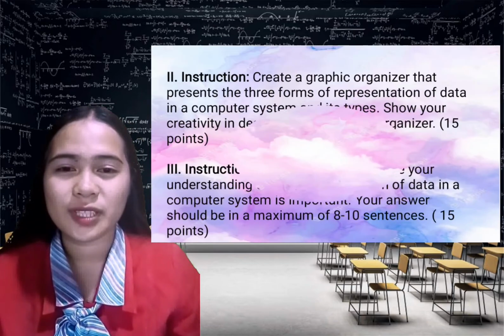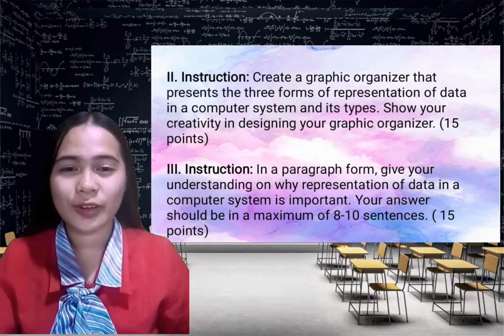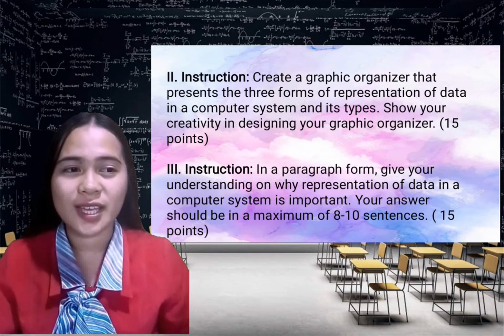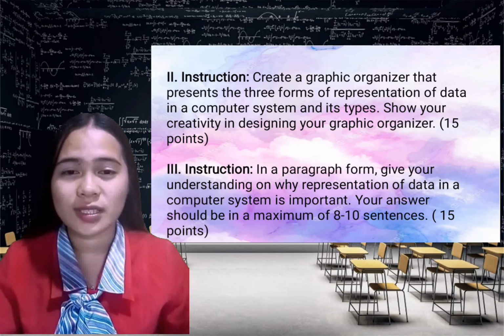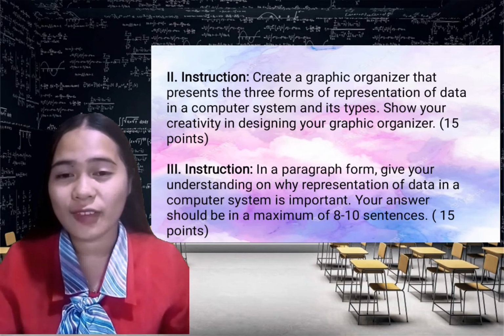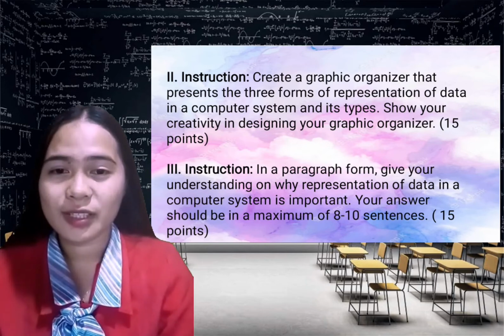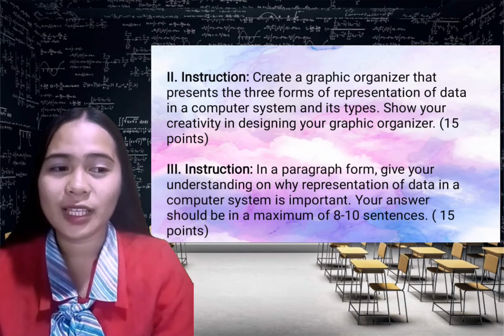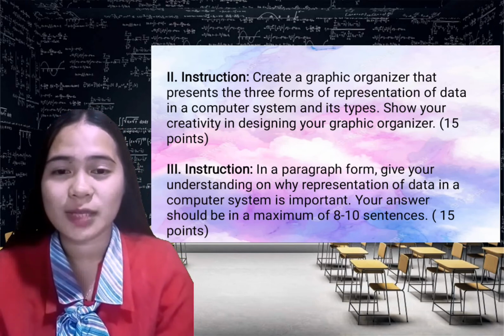So let us now proceed to Assessment 2 and 3. In your Assessment 2, you are tasked to create a graphic organizer that represents the three forms of representation of data in a computer system and its types. Show your creativity in designing your graphic organizer because this will be 15 points. In your Assessment 3, in paragraph form, give your understanding of why representation of data in a computer system is important.